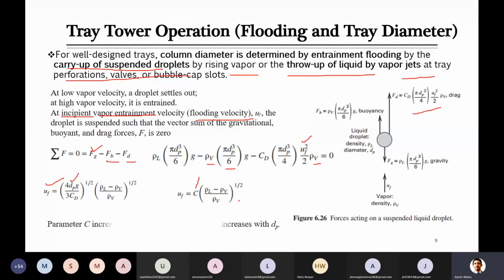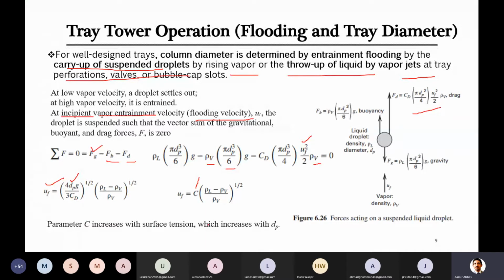Here you can see that C will increase when we increase the particle diameter, and it decreases with CD, the drag coefficient.